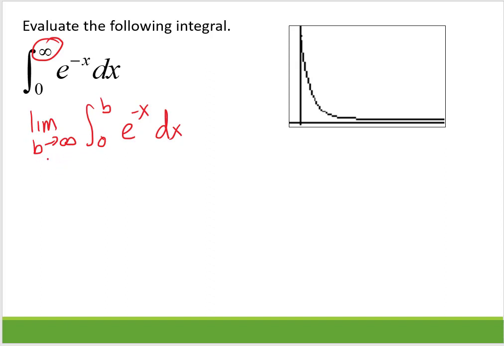So now we take the antiderivative, continuing to bring through our limit. We take our antiderivative and we evaluate it. I have to remember to evaluate it.